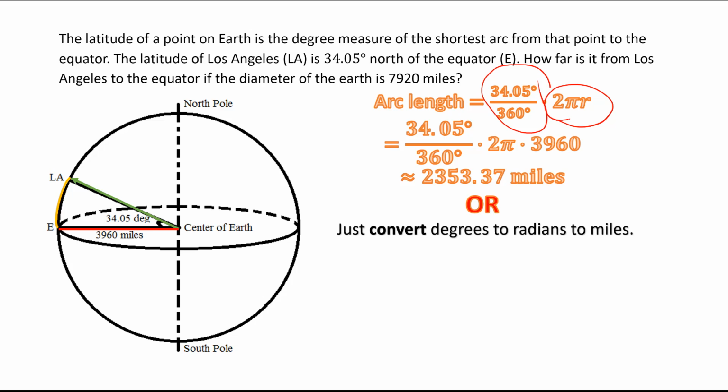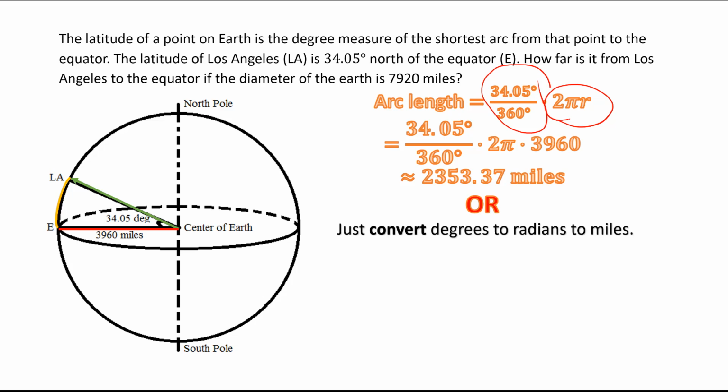All right, remember, a radian, when we're talking about a length, is just the length of the radius. That is a radian. Okay, that distance is 1 radian. 1 radian in this particular circle is 3,960 miles. So a radian is the length of a radius.